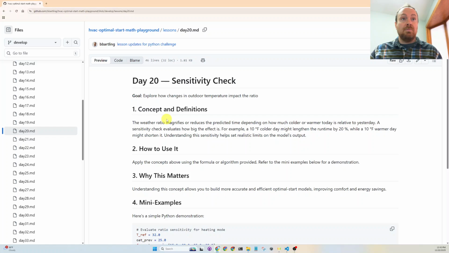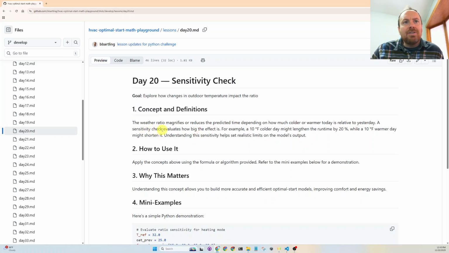Okay, so we're still in Model 2. Explore how changes in outside air temperature impact ratio. The weather ratio magnifies or reduces the predicted time depending on how much colder or warmer today is relative to yesterday.